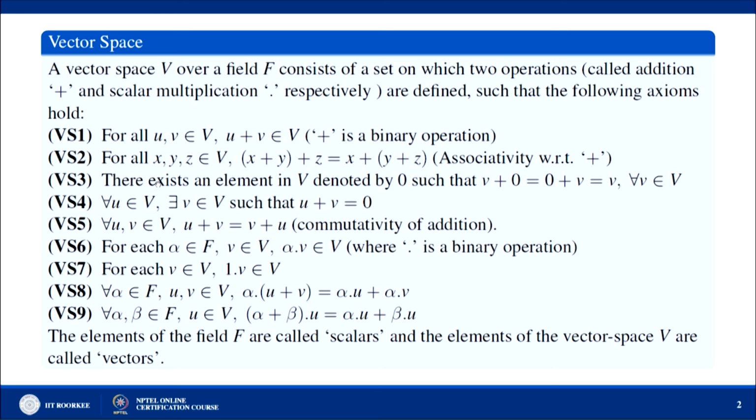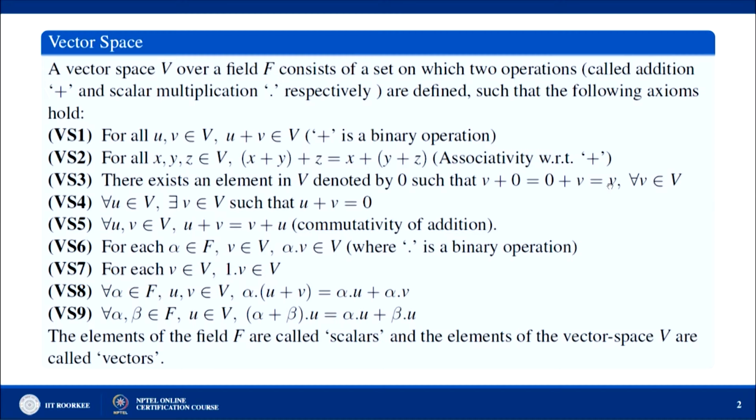The next property is that there exists an element in V denoted by 0. This 0 is not the usual 0, this is simply a notation, and it denotes the identity element with respect to addition, such that v plus 0 equals 0 plus v equals v for every v in V. Then for every u in V there exists v in V such that u plus v is 0, and this v is called the inverse of u with respect to addition.